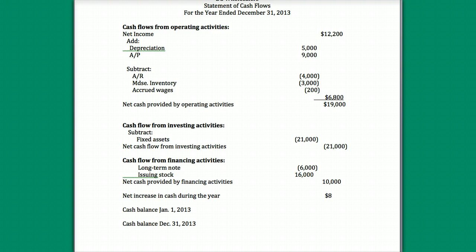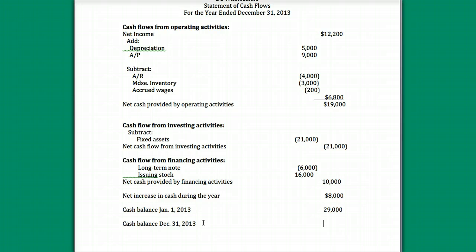So $8,000 goes here. Then we go back to our problem and we find out what's the beginning balance of our cash for 2013, January 1. And I believe that was $29,000 if memory serves me. So then we add these two together and they should equal the cash balance that we have at the end of the year. And that balance is $37,000.